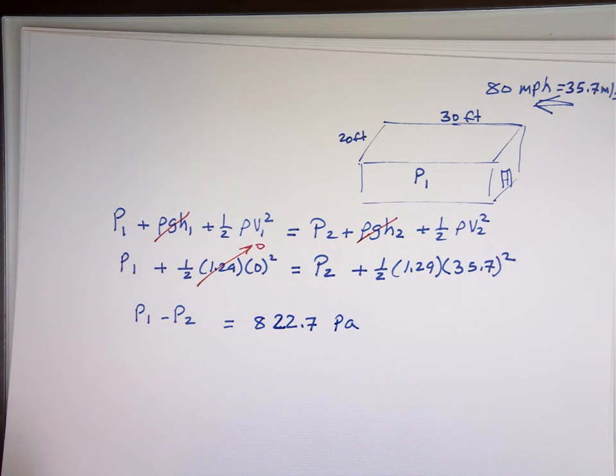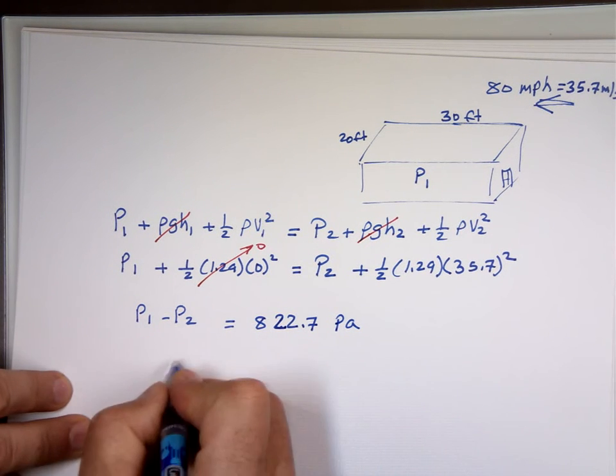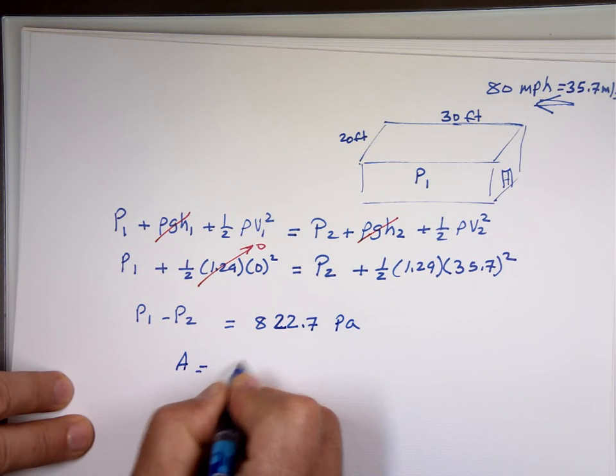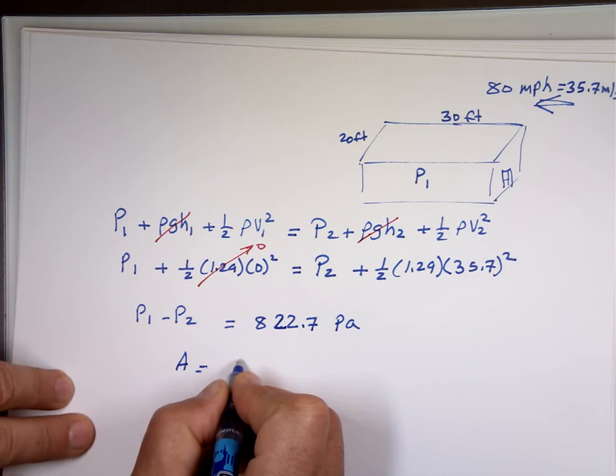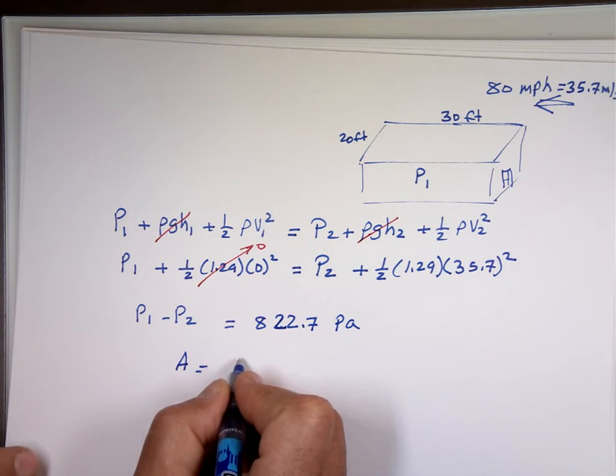So the area of that roof, we'll convert feet to meters. What's a foot? How many meters in it? 1 meter is 3.281 feet.